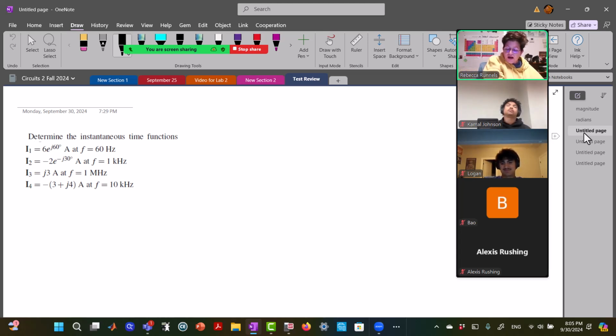So here I'm given some information and I need to write this as a function of a sine or cosine. So for the first one, I have a current, and I have 6e to the j 60 degrees. They're making a liar out of me by putting degrees in there with an e, which you can do, but you would definitely have to have the degree symbol, at f equals 60 hertz.